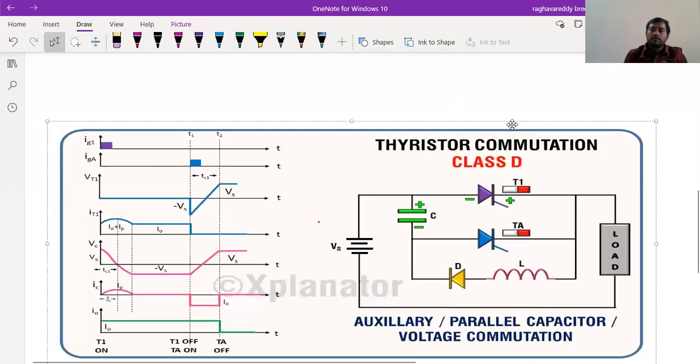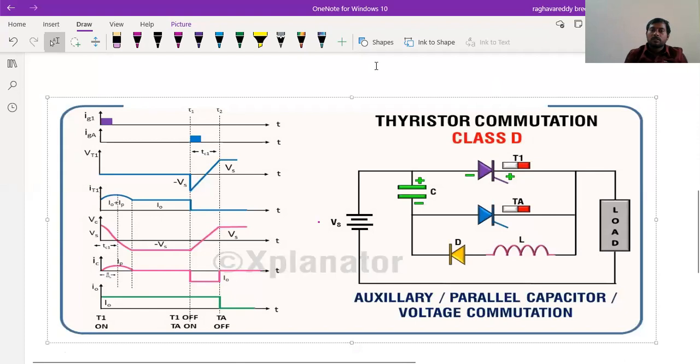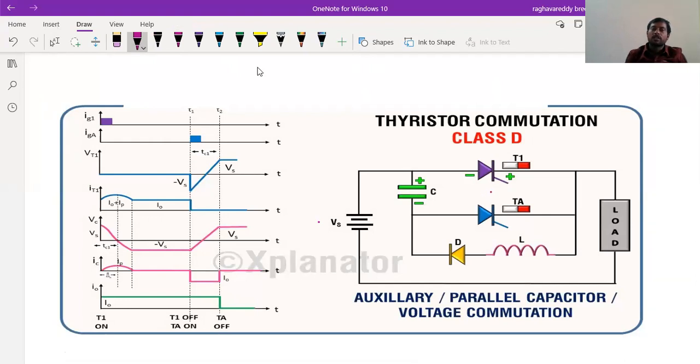Now let us see the waveforms, how the thyristors T1 and auxiliary thyristor will behave with respect to the capacitor current and the load current. To understand this, I think I already discussed the tank circuit.